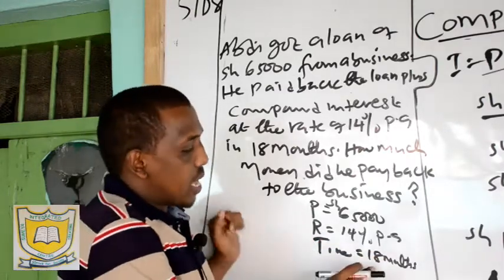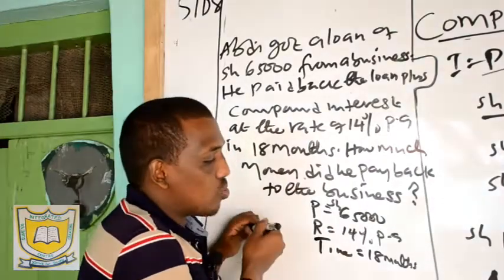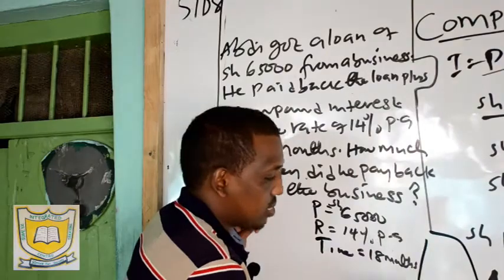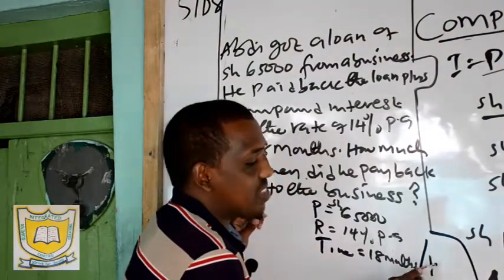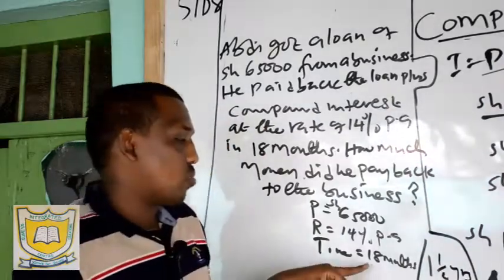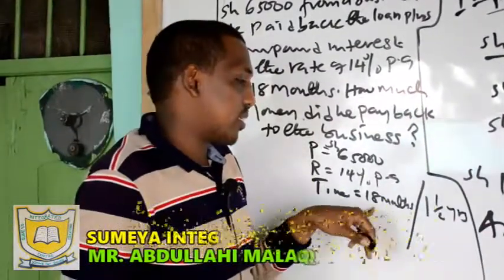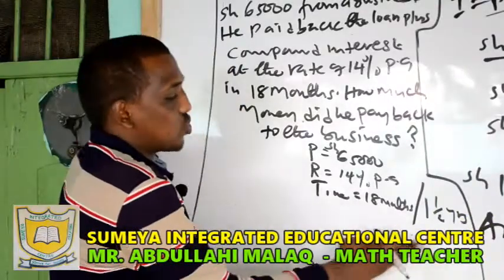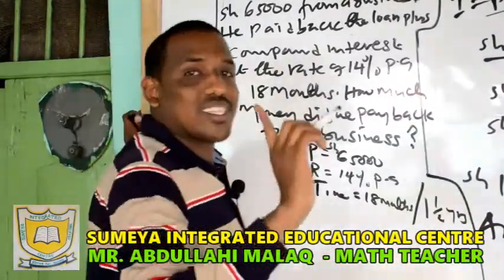So now 18 months, you change it into years for an easy way. So that is 1.5 years. 12 months, 1 year. 6 months, half. So that's how we do. It's very tricky. Take care. So now let us get the interest of the first year.